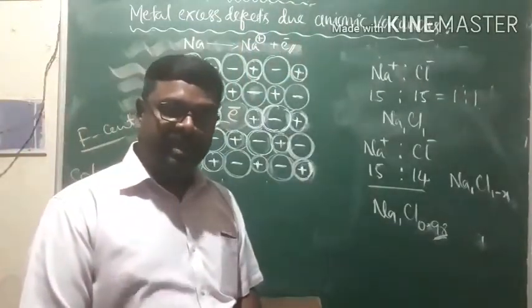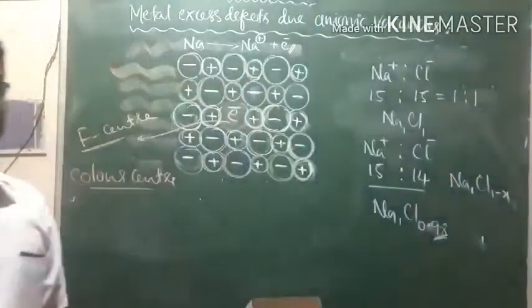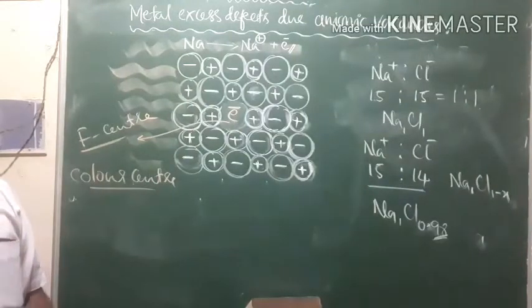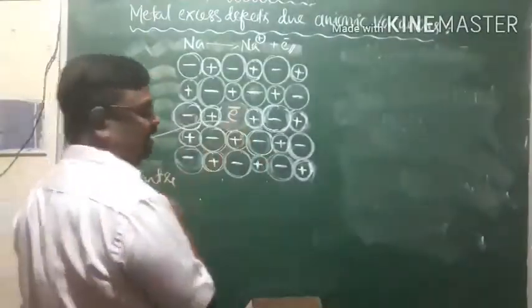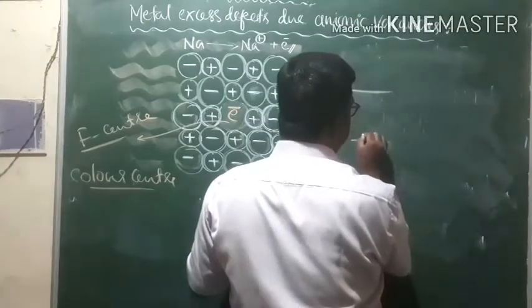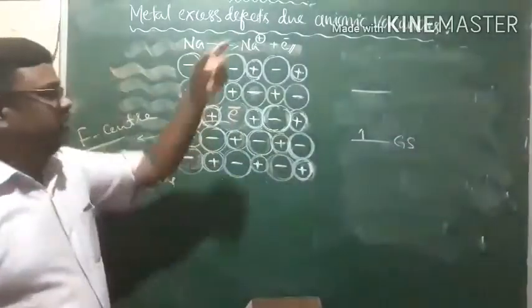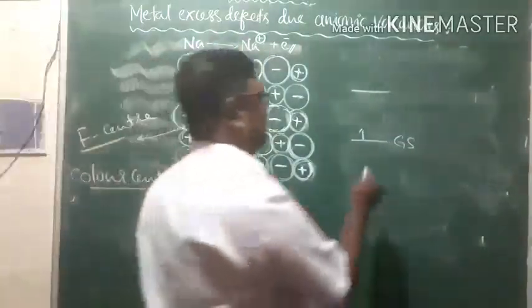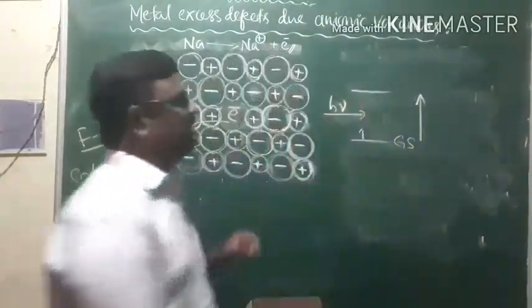And of course, as I said, due to the creation of unpaired F centers, color will be imparted to the sodium chloride. Why is that color imparted? Because when this sodium chloride is exposed to sunlight, these free electrons, in the ground state, undergo excitation by absorbing white light.